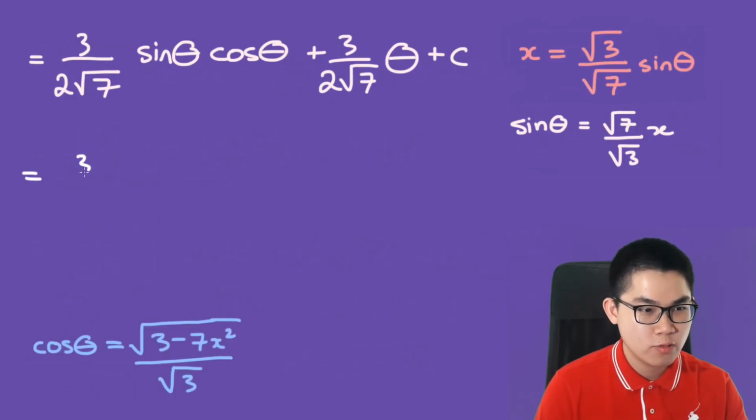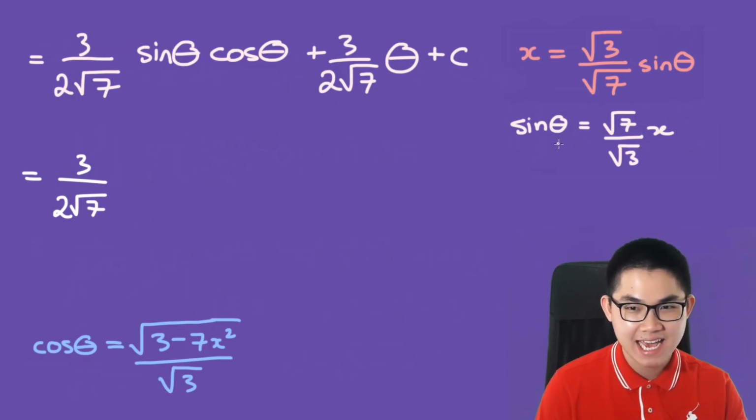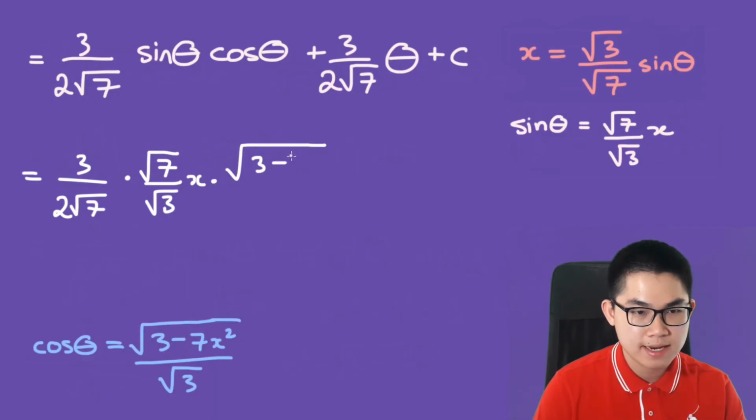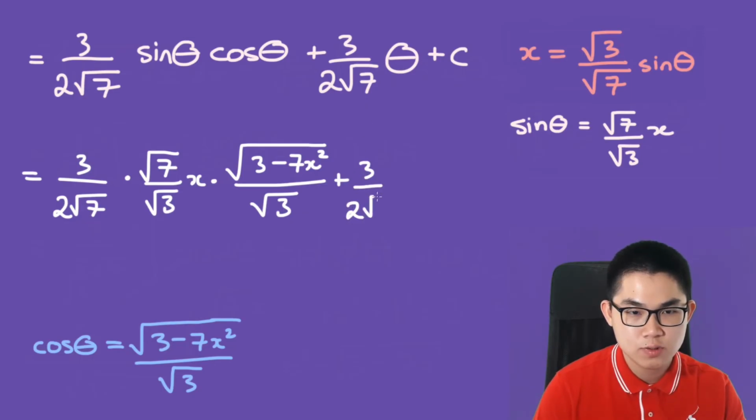This will give us 3 over 2 times the square root of 7 times sine. And sine is the square root of 7 over the square root of 3 times x. And cosine is just the square root of 3 minus 7x squared over the square root of 3, plus all of this. So 3 over 2 square root of 7 theta plus c.